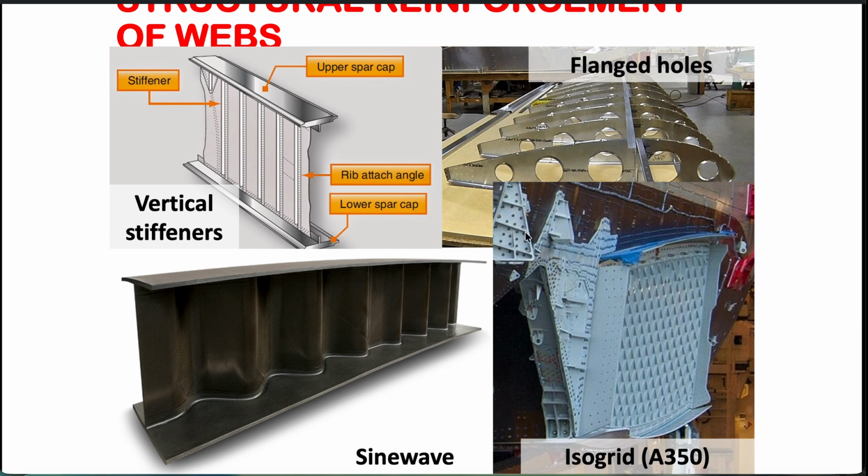There are other examples of buckling and how to overcome them. For example, to overcome the buckling of plates specifically that are subject to shear or compression force, we can add stiffeners, vertical stiffeners to our designs, whatever they are used for. We can add flanged holes, and we can add a sine wave and isogrid.